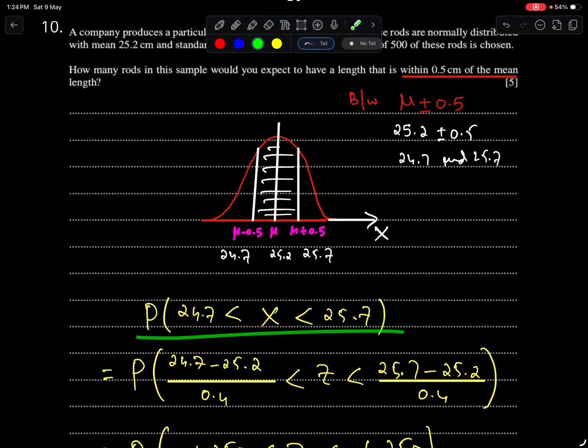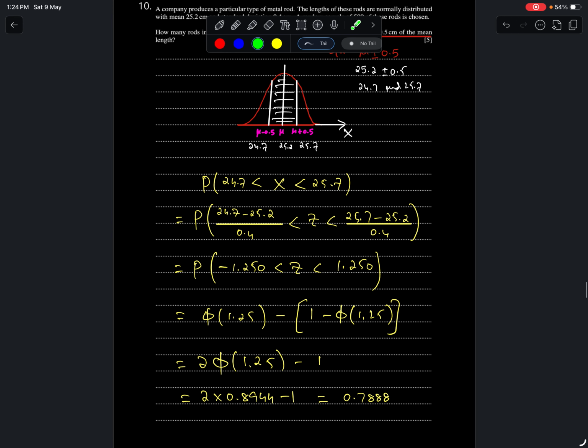You can also use this form here, mu plus 0.5, mu minus 0.5. Whatever is easy, you can use that. By the way, this thing is better, because mu will be cancelled. But both are fine.